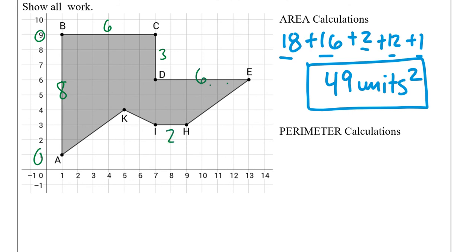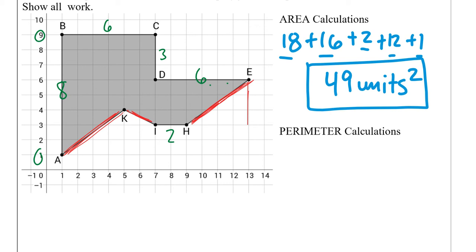The only pieces I can't just read off, because they're not vertical or horizontal, are these pieces, and I'll highlight them in red. I've got this piece, this piece, and then this little one right here. Two of them are very straightforward.